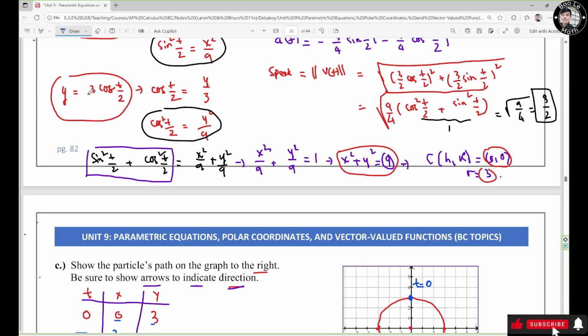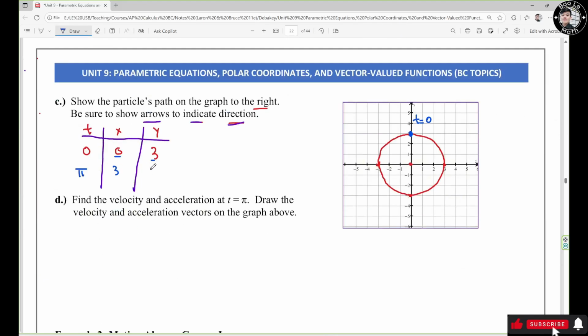Now y equals 3 cosine pi over 2. Cosine pi over 2 equals 0, so y equals 0. So x equals 3, y equals 0 is going to be right here, at t equals pi over 2. And you know that the particle moves along this way, and it's going to be clockwise direction.